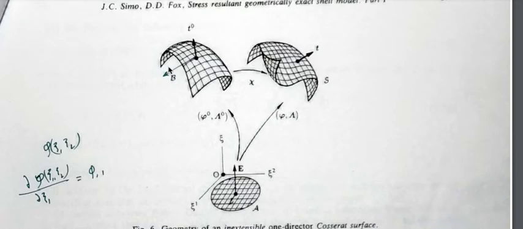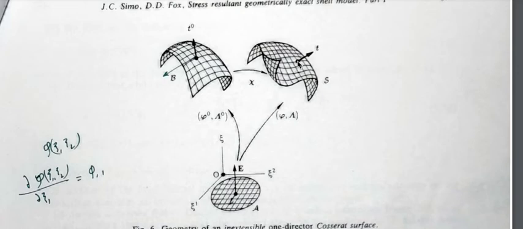Now since we don't want to work in spatial configurations, which is this, but we want to work in material configuration, which is this, which is the original undeformed configuration. So what we do is we pull back this vector, which is stress resultant expressed in this convected basis, to these.